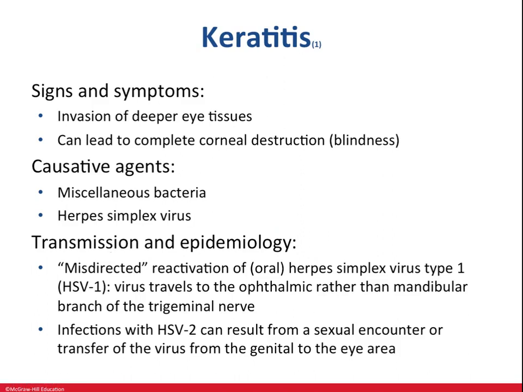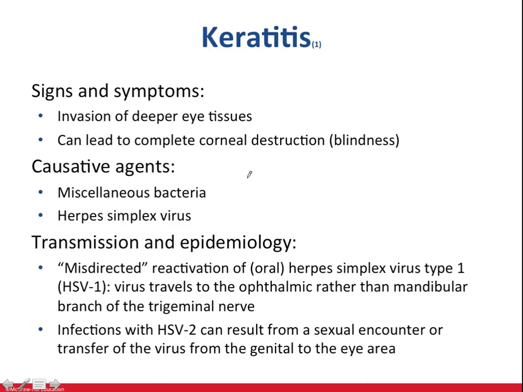Keratitis. Keratitis is an infection of the cornea. This is a very severe case because once the cornea gets infected, it might decrease the transparency of the cornea, so that can cause blindness.